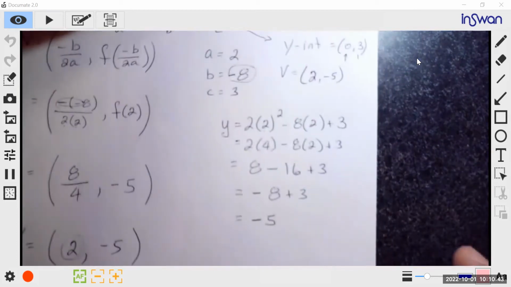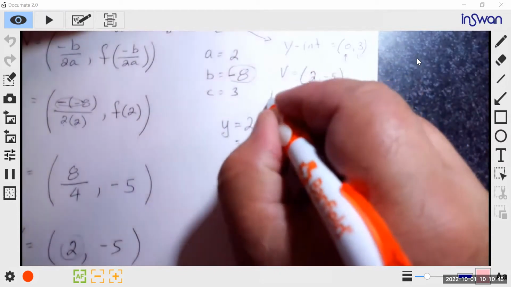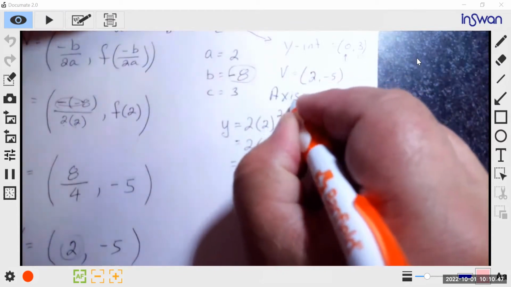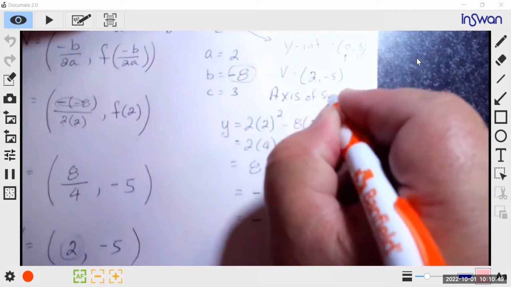Another thing we can talk about is called the axis of symmetry.